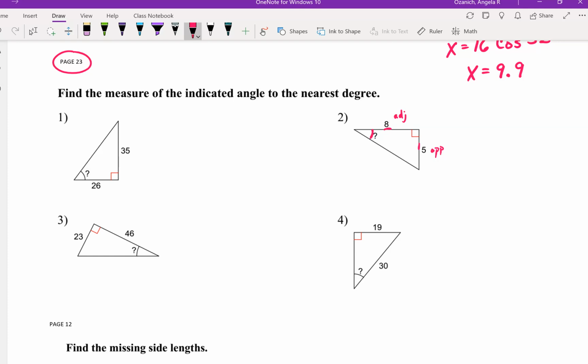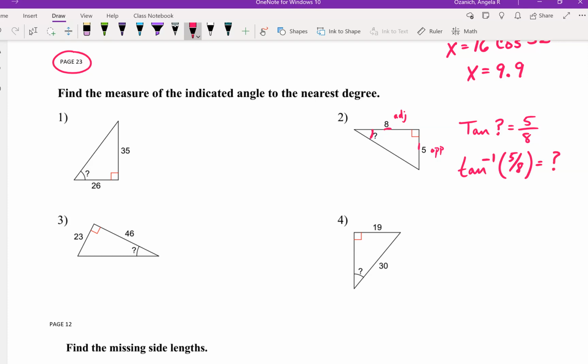So I want to pick the trig function tangent of question mark. What should we call the question mark? Should we just leave it as a question mark? We could do that. That's our little variable right there. It is equal to opposite over adjacent. And we learned that to solve for a missing angle, we're going to take the inverse tangent of our ratio to work backwards to that question mark.